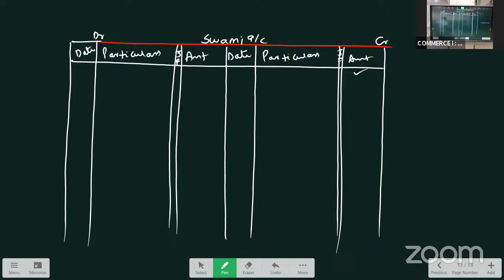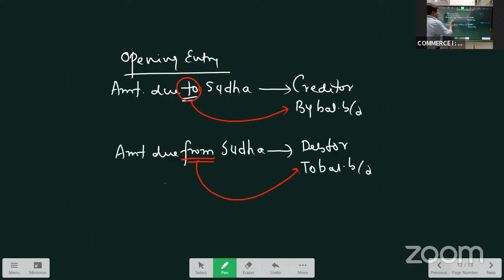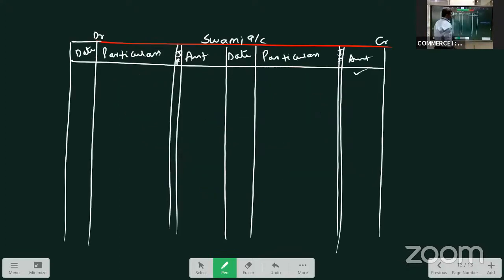January 2, 2018, amount due to Swami. What did I tell you here? When it is given as amount due to, it will appear on the credit side as by. If it is to, it will appear on the by side. By balance brought down.